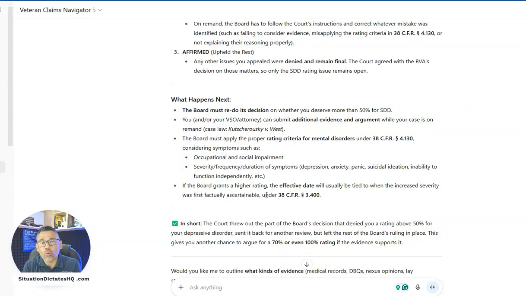Now, this is why it's so important to submit an intent to file, because you just never know how long your claim is going to take. And it just may go through something like this, where it's the Board of Veteran Appeals. Hopefully not. I am almost certain that this could have been a higher level review.